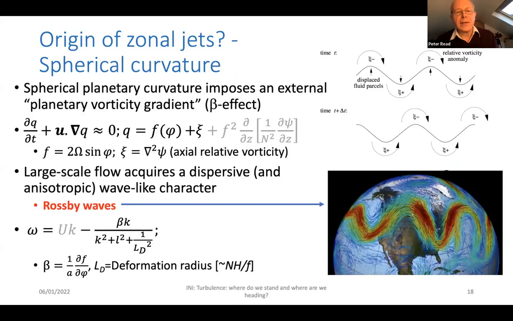So hence we have a planetary vorticity component that is purely a function of latitude, as well as the relative vorticity. This allows the presence of waves. This is essentially what leads to the Rossby wave structure that is shown schematically here.